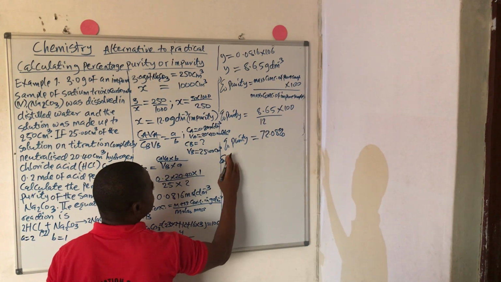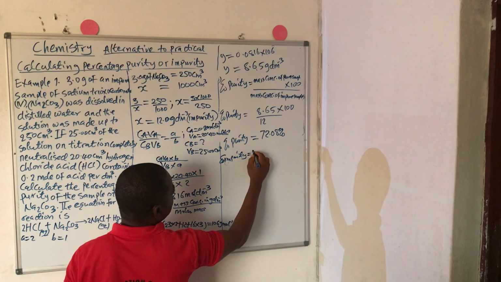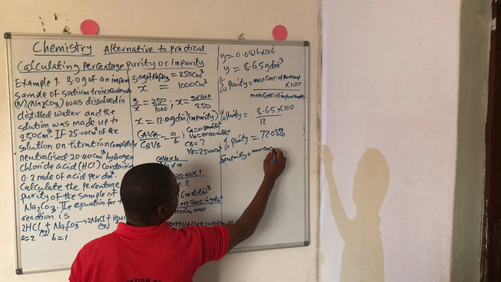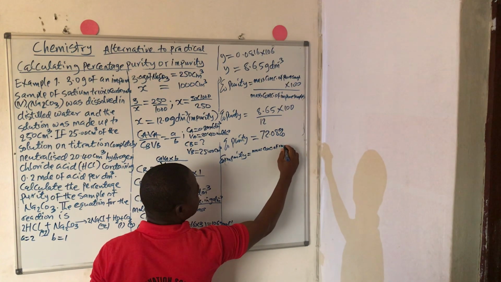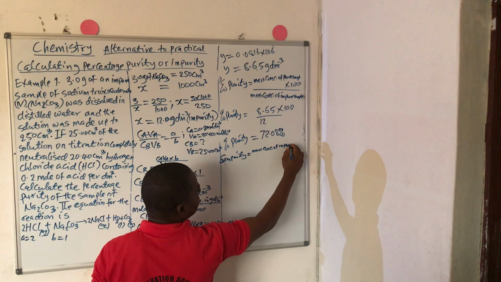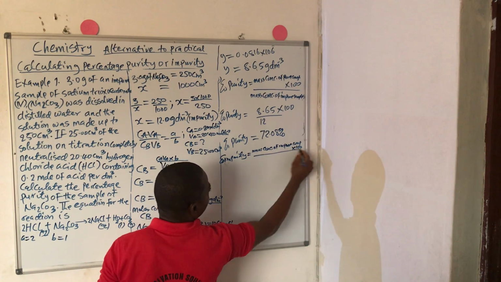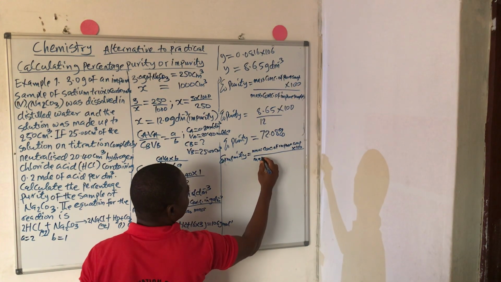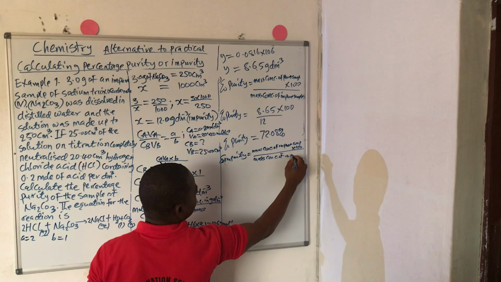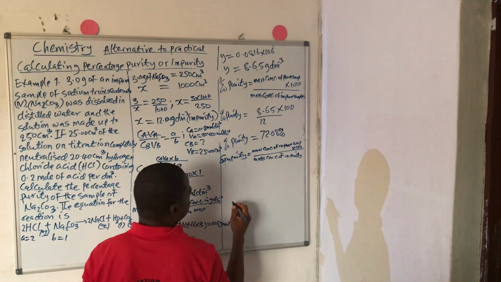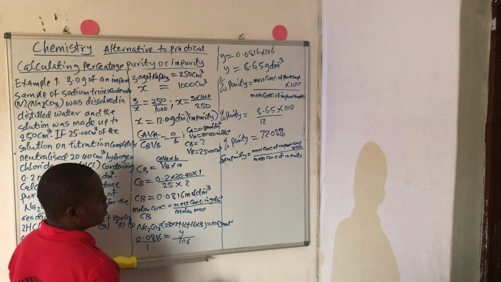Percentage impurity will be equal to the mass concentration of the impure component times 100 all over the mass concentration of the impurity. If you are asked to calculate the percentage impurity, you can use this formula.